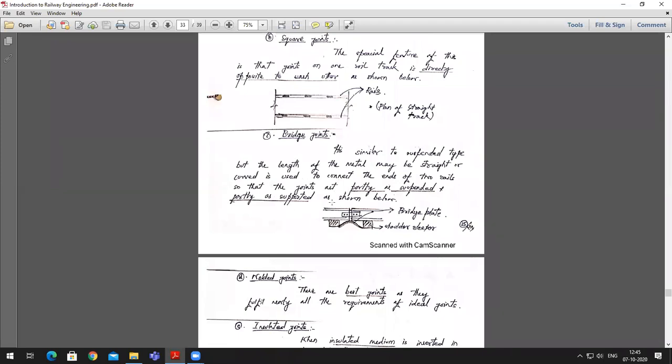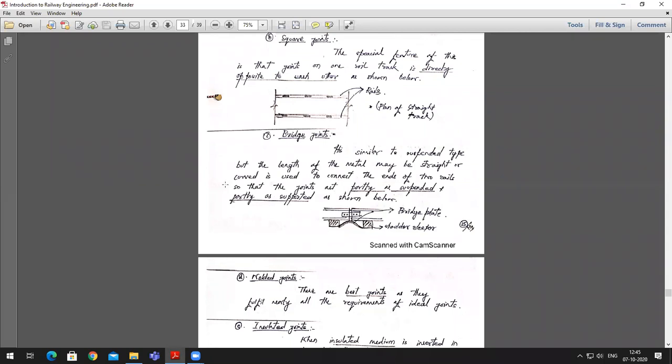Bridge joint is similar to the supported joint, but here rather than using a sleeper, we normally use a metallic plate or metallic material which will be shaped in the form of a spring like this, just like a sinusoidal wave. You will be fitting both sides to the neighboring sleepers, and this elevated portion will be holding the joint.